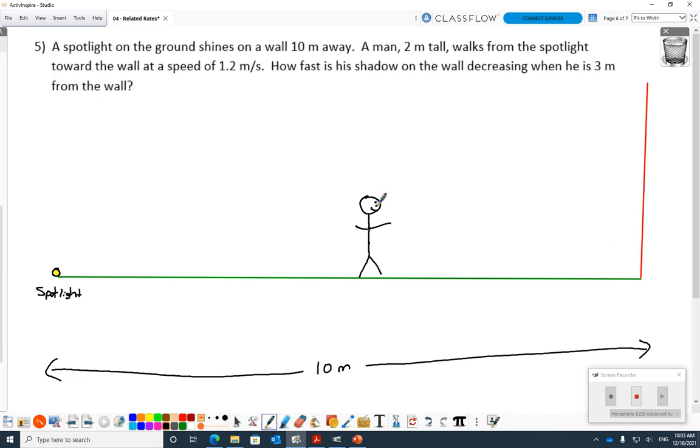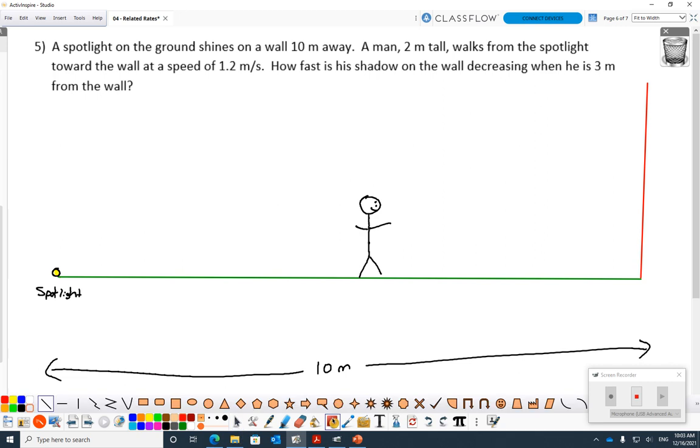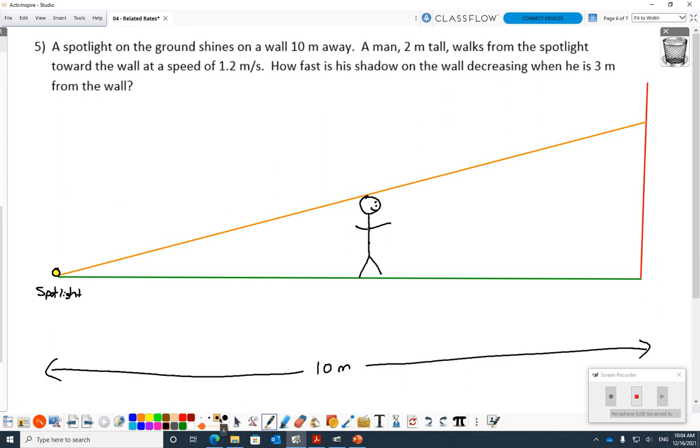I need a shadow on the wall. Okay, so I'm going to go with orange for the spotlight beam of light for the top of his head. Now color in the shadow with a thicker pen. I'll go with a brown here. Shadow.